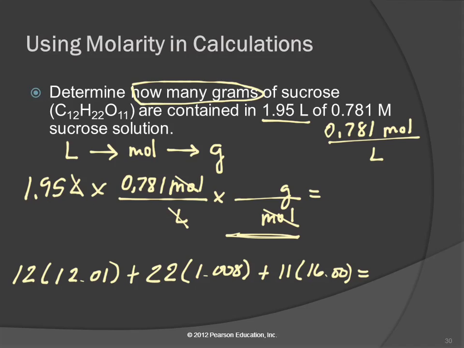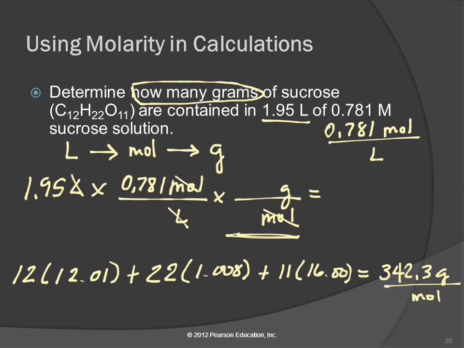Just make sure you know how to use your calculator. 12 times, well, that's not right. Clear it first. 12 times 12.01 plus 22 times 1.008 plus 11 times 16. 342.3. That's a molar mass, grams per mole.